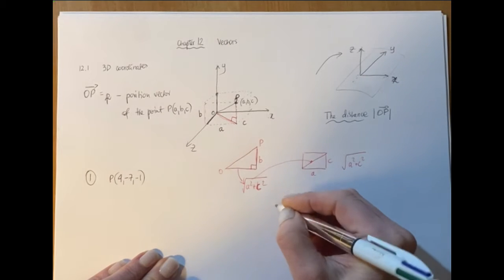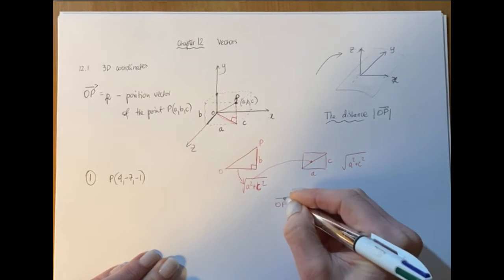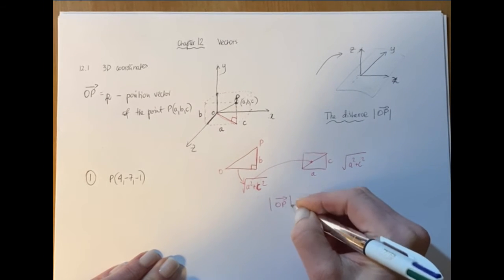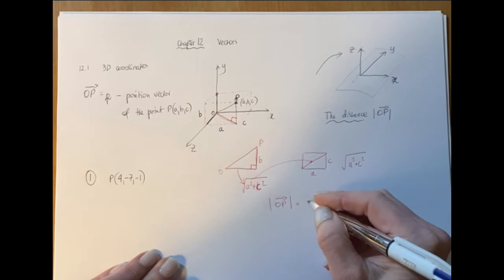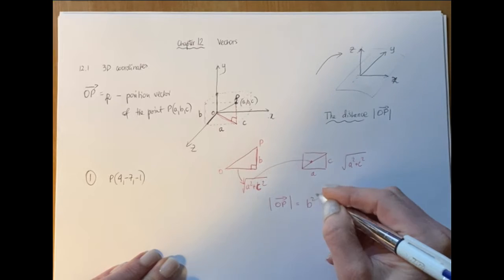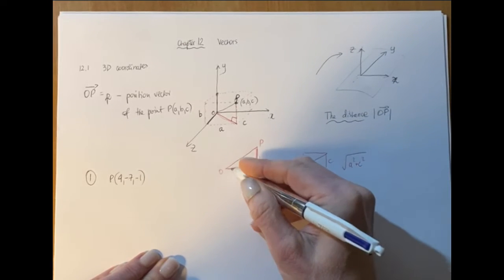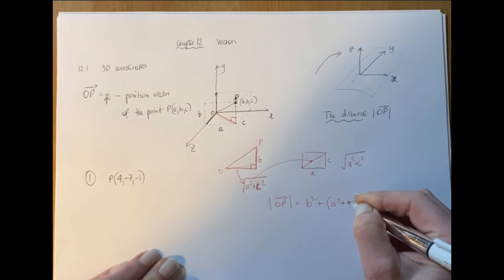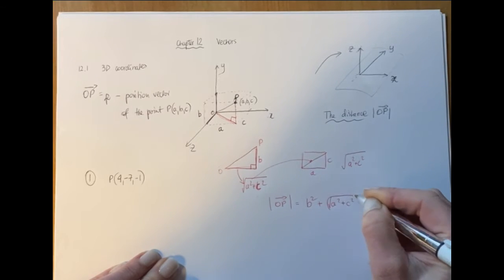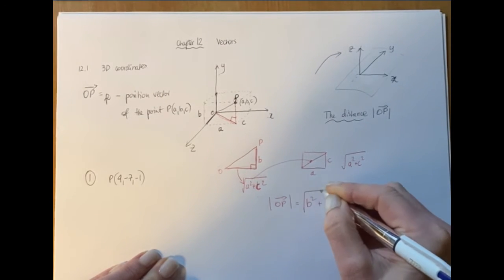So that takes you to OP, which is the length of the vector OP, as being B squared, so this side squared, then this side squared, and all square rooted.